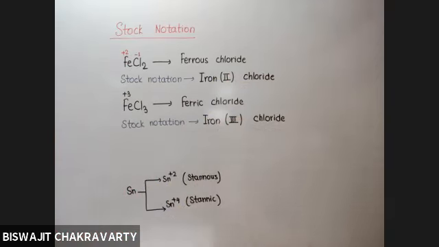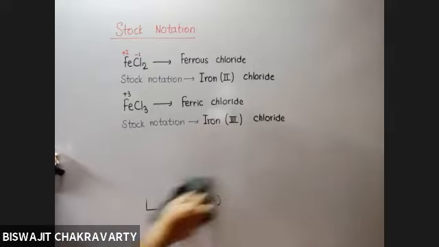Yes, sir. So you need not remember the terms like ferric or ferrous. Let the name be normal name and both are iron chloride. But within first bracket, after writing the name of the metal who is showing variable valency, accordingly, you have to write down the names.